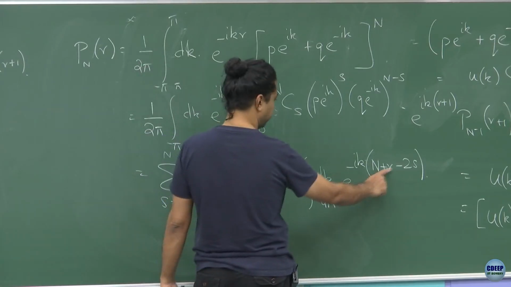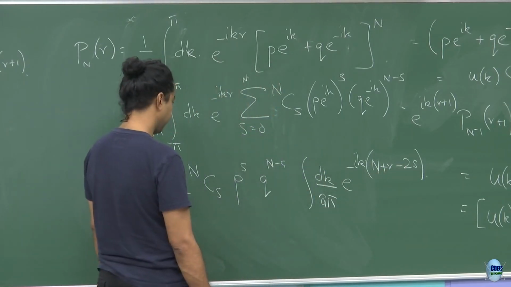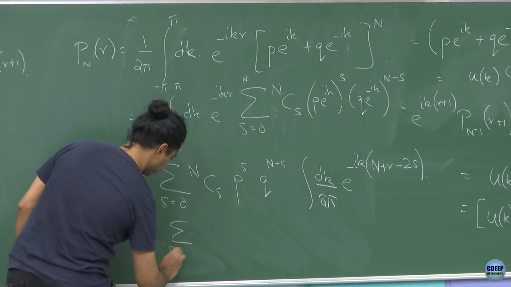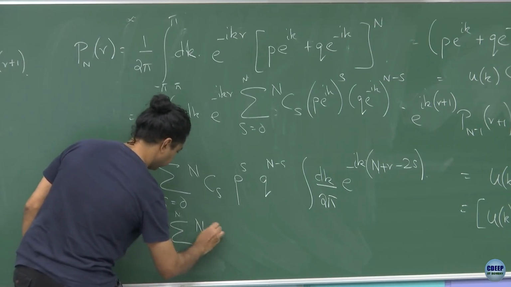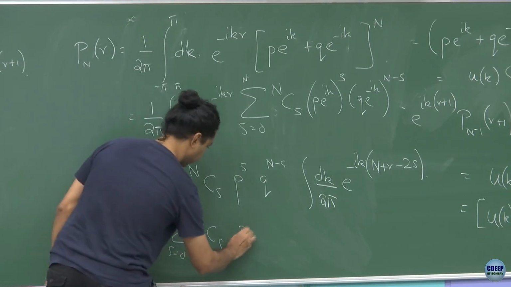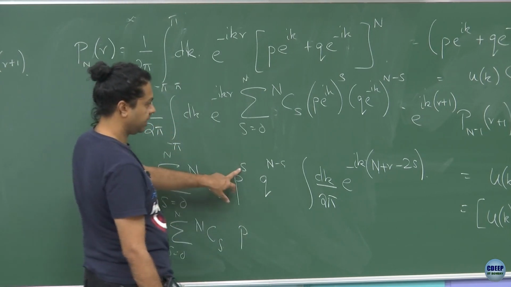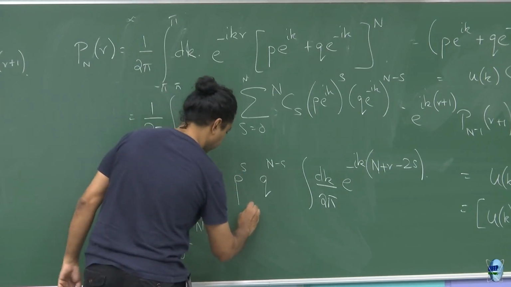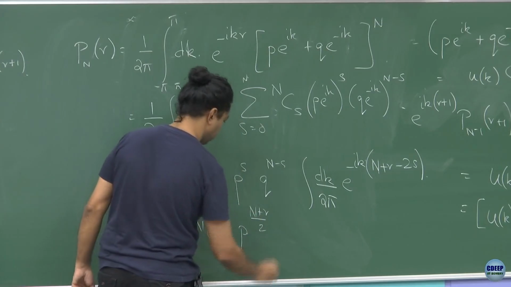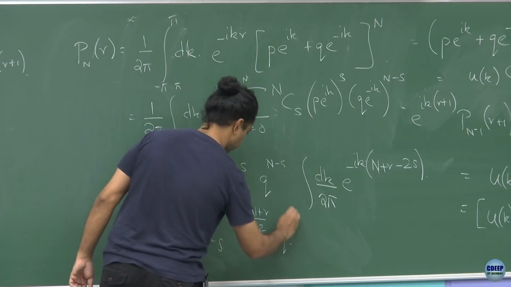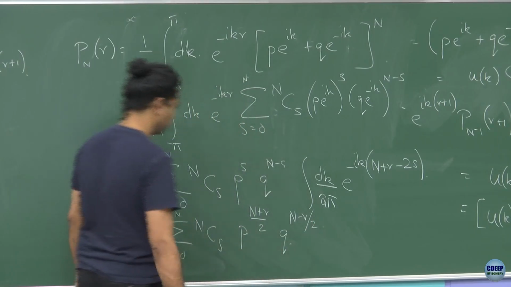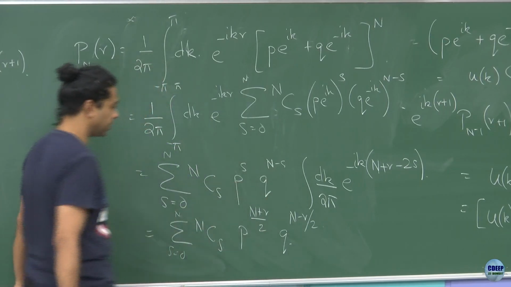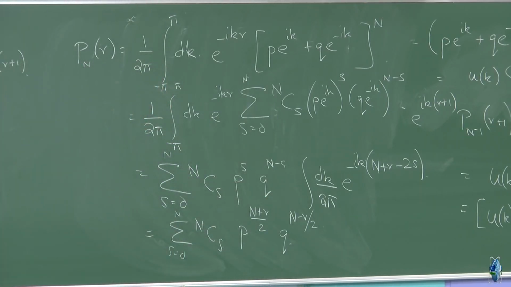This is a delta of n plus r equal to 2s, okay, which means that what I can do is substitute: sum over s equal to 0 to n, nCs p to the power of s, so s is (n plus r) by 2, and q is to the power of (n minus r) by 2. Is that fine?